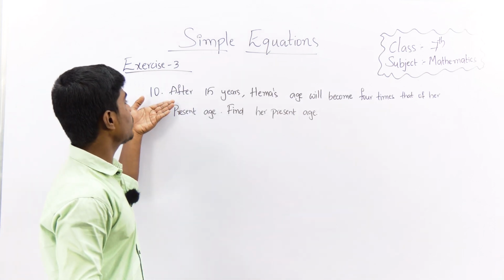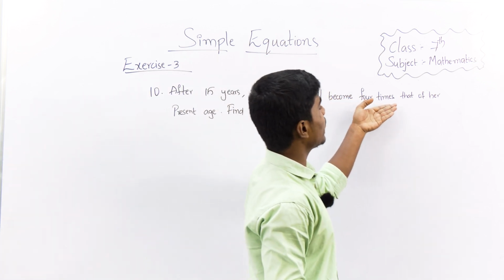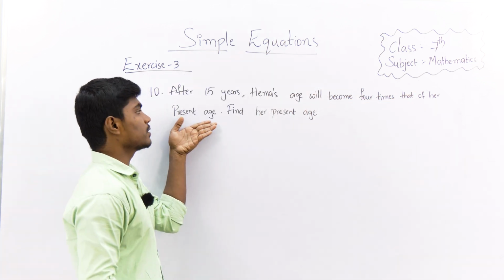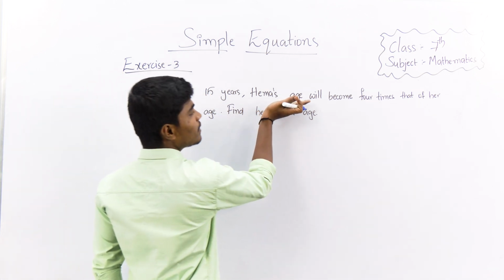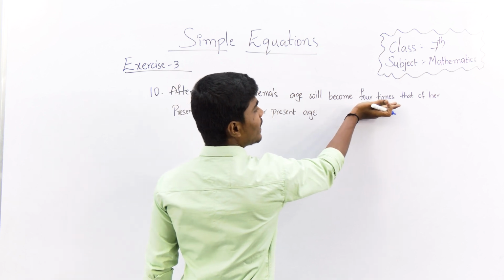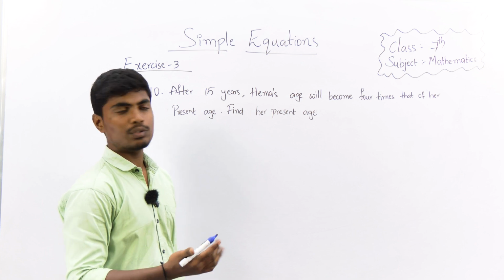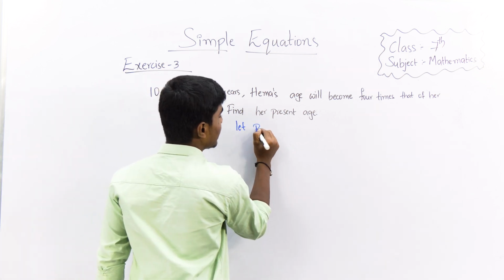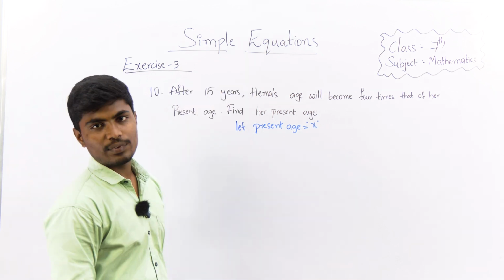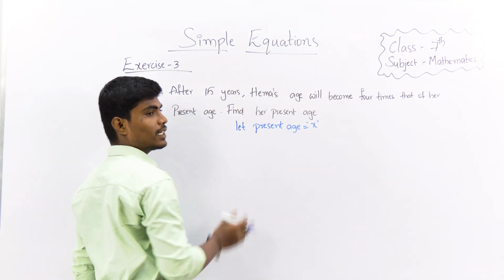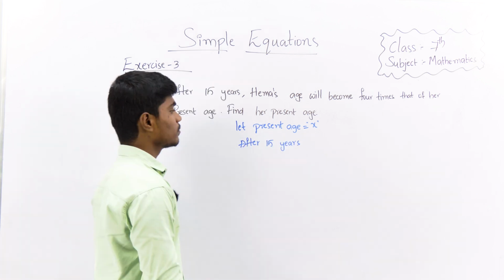Here in the 10th problem, after 15 years, Hema's age will become 4 times that of her present age. Find her present age. First, let the present age be x.